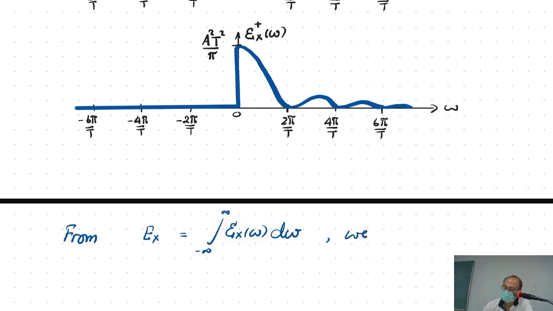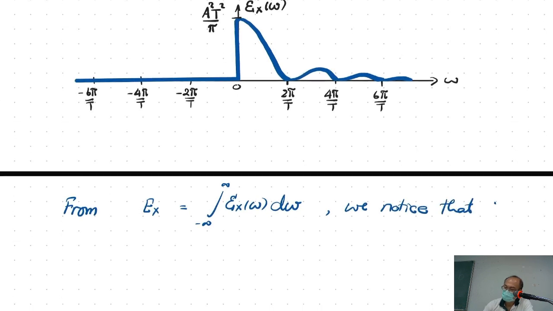We notice that the ESD has a unit of joules per radians per second.